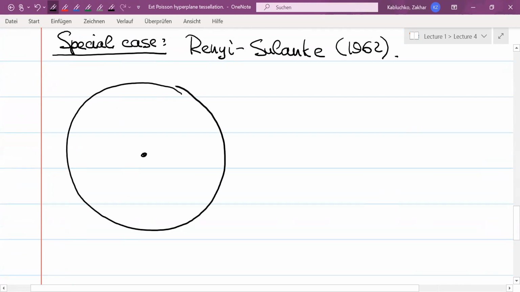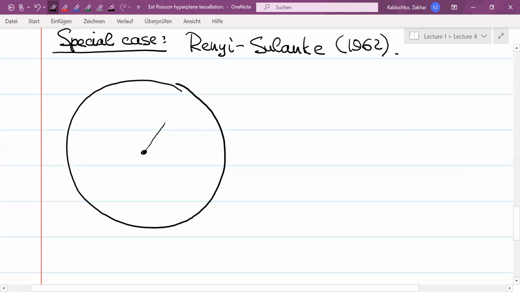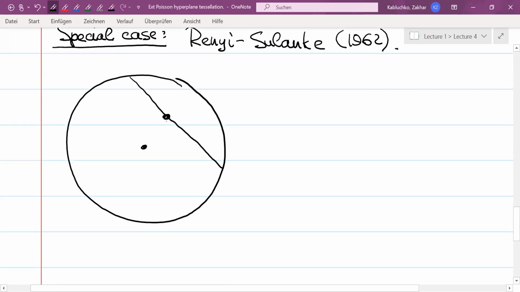Take a disk in the plane and then take random lines which intersect this disk in the following way. The disk has radius 1. Take a distance which is uniformly distributed on the interval 0, 1, and then take a random direction and construct such a line. And do this many times.